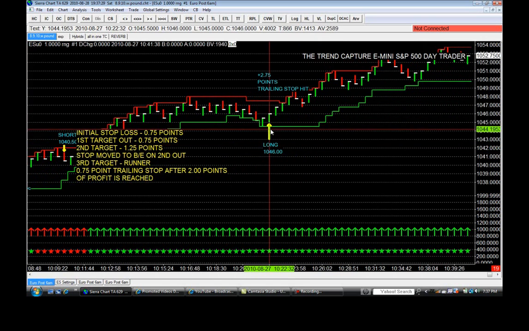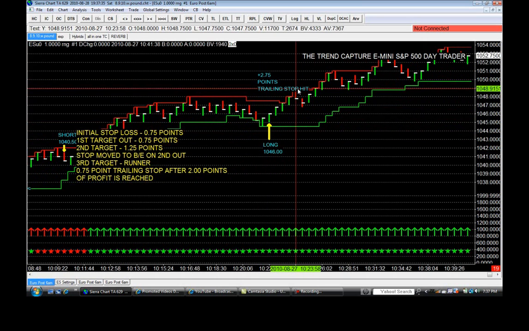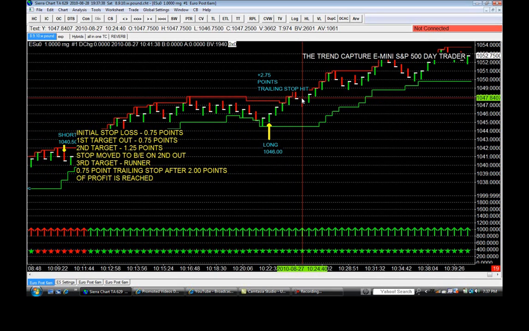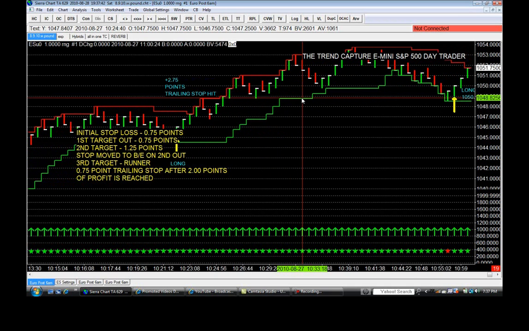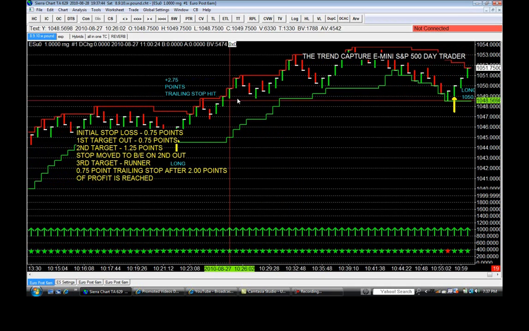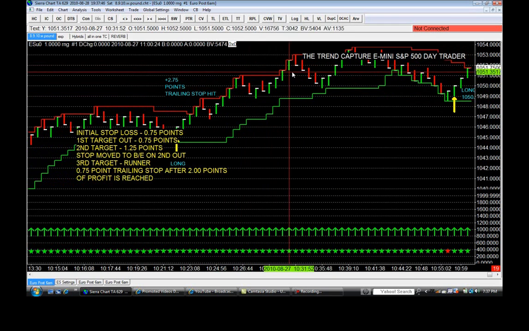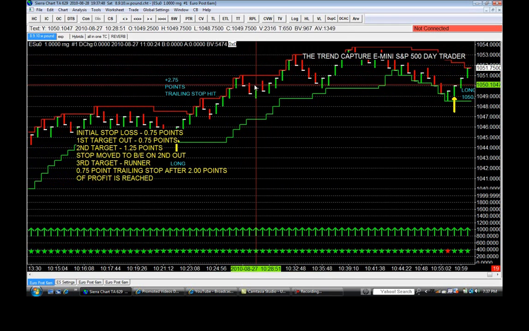Have another long here at 10.46. That was good for 2.75 points as the trailing stop was hit and would have taken you out of your third position. If you want to make your trailing stop a little bigger, you can. In this case, you missed out on all of this upward movement because the trailing stop was so tight.